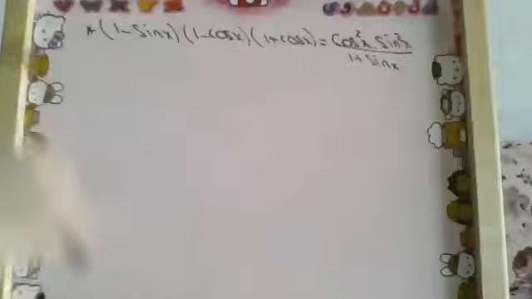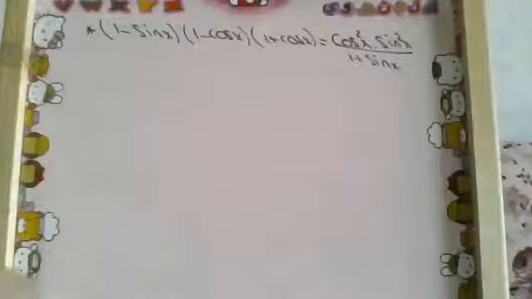Yeah. I'm going to start from the right side. I won't upset you. Cosine squared x times sin squared x over 1 plus sin x.